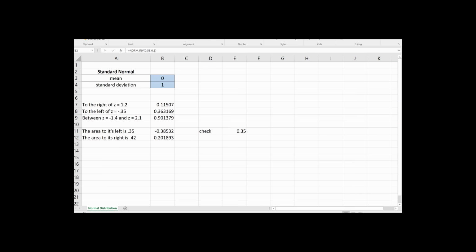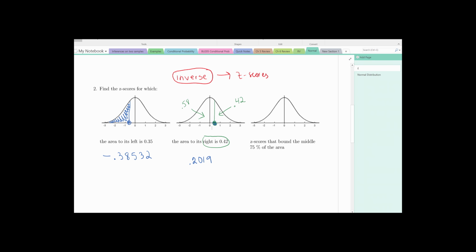Okay, of course you can always check if you've done this correctly. So 0.201893, then you get 0.58, which is the complement of 0.42, right?